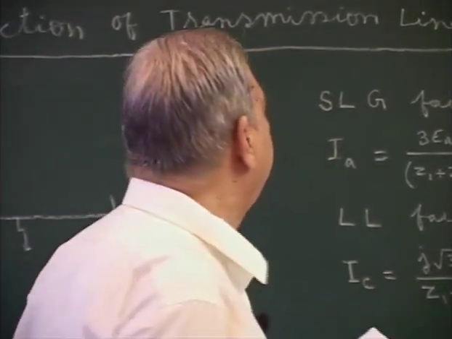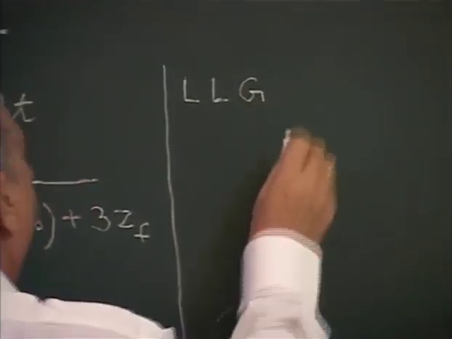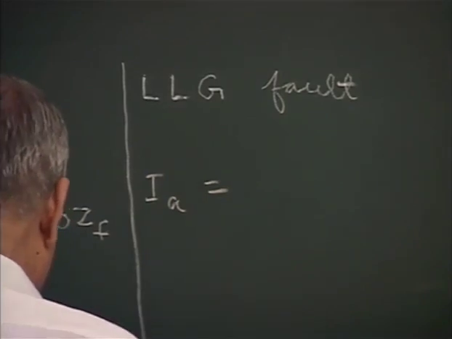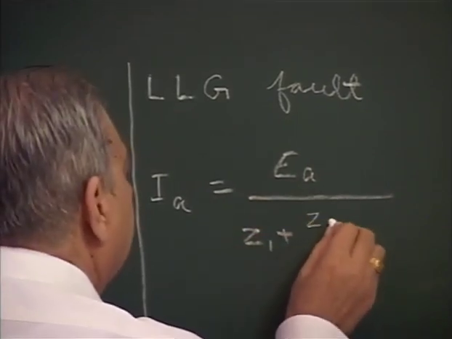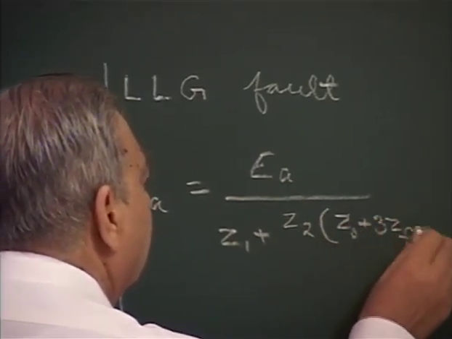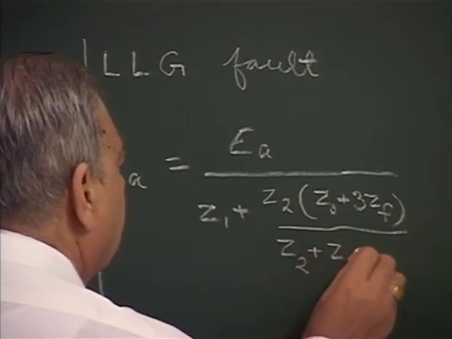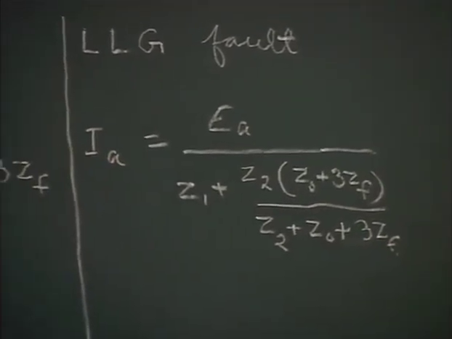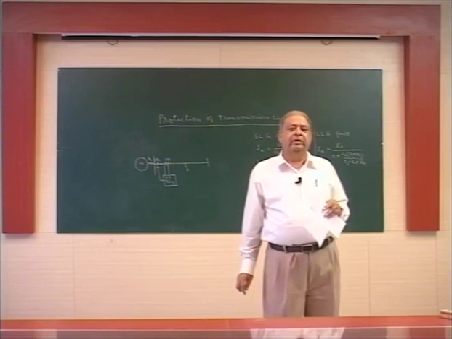And for a double line to ground fault, the current IA due to a fault at the same location is different.